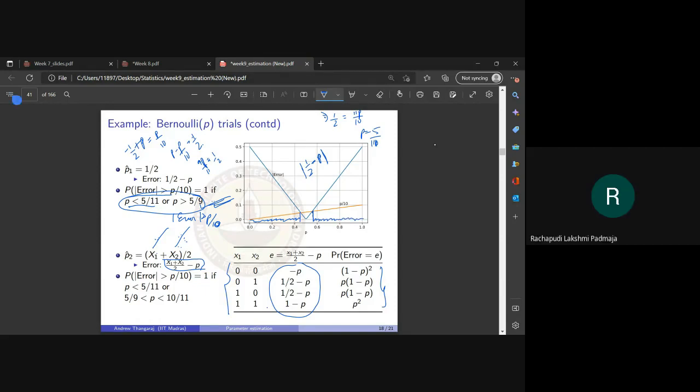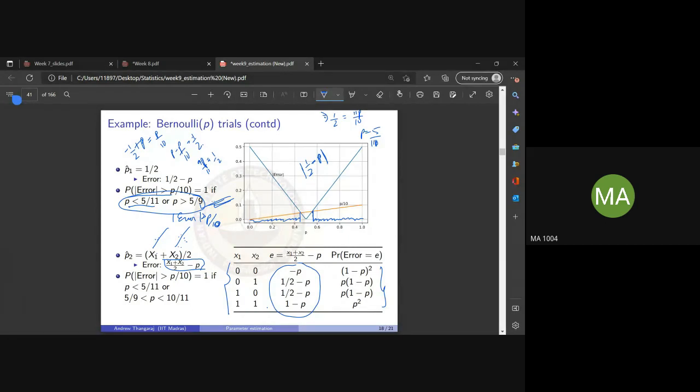But how did we get that 1? It should be the total minus the small region that is just below p by 10, within that interval.